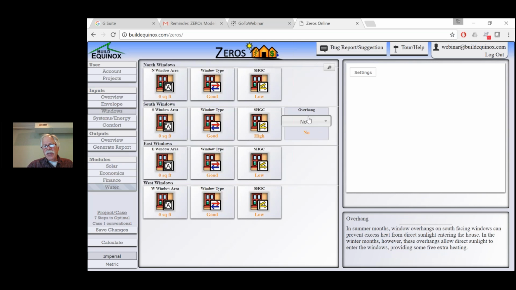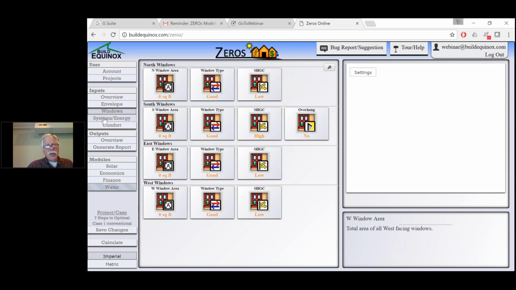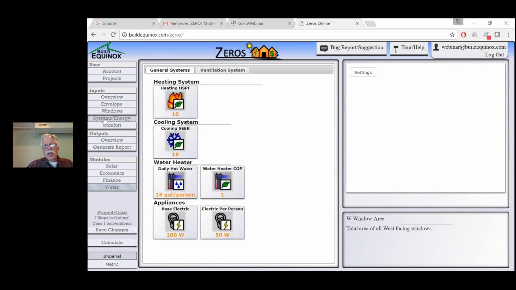And then the overhang is just a simple model, yes or no, but basically it says from equinox to equinox, which for most places throughout North America is about the time when you want to cover and then uncover windows from spring to fall. It just gives you an estimate of what a good overhang might do in your case.